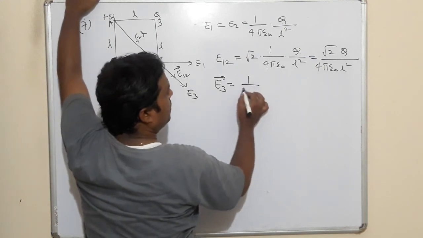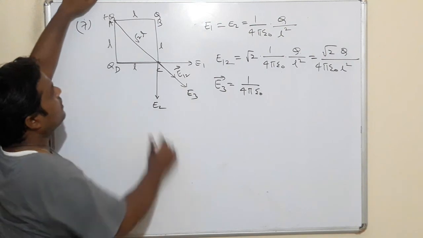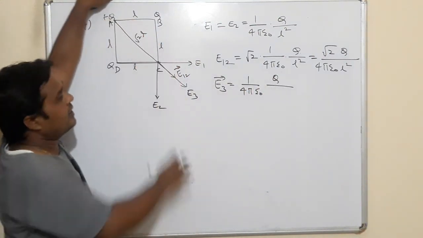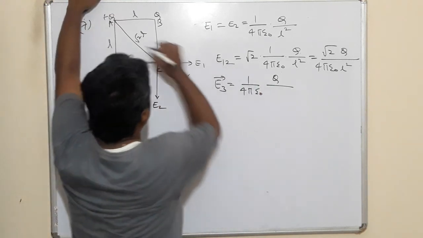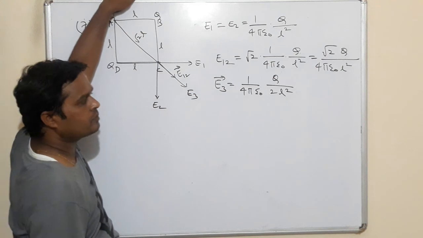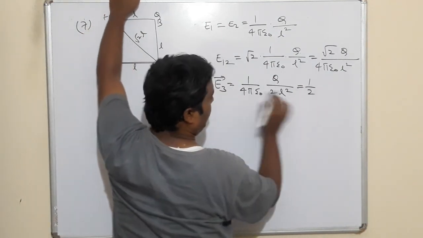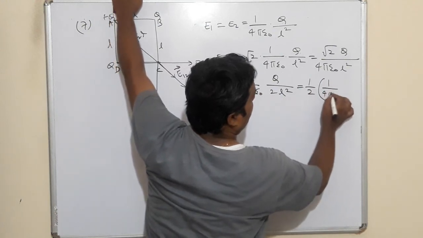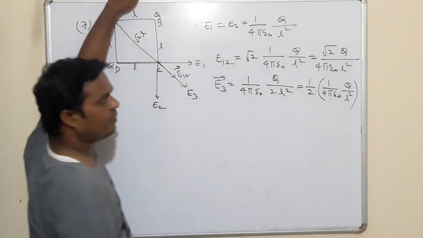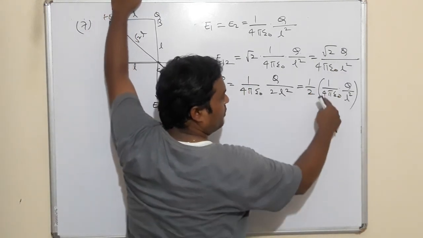What is E3? 1 by 4 pi epsilon naught charge divided by distance square. This distance you have to square: root 2L whole square, which will be 2L square. Then this is equal to half, and we can take 1 by 4 pi epsilon naught Q by L square here.